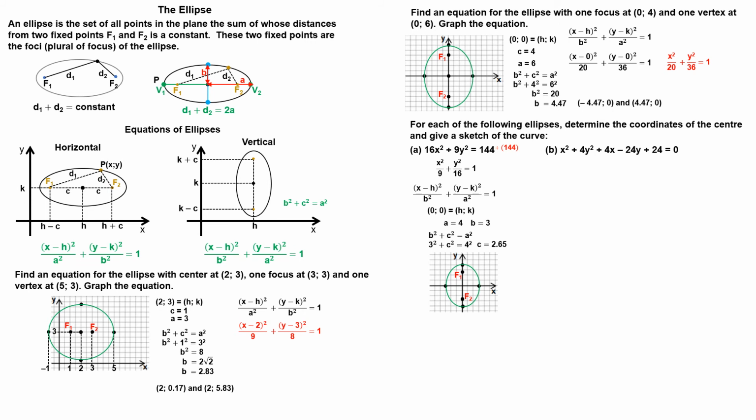To solve item B, first we put the equation in standard form. To obtain the equation in standard form, group like variables. Place the constant on the right side. The second step is to make sure the coefficient of the x squared and y squared is a 1.